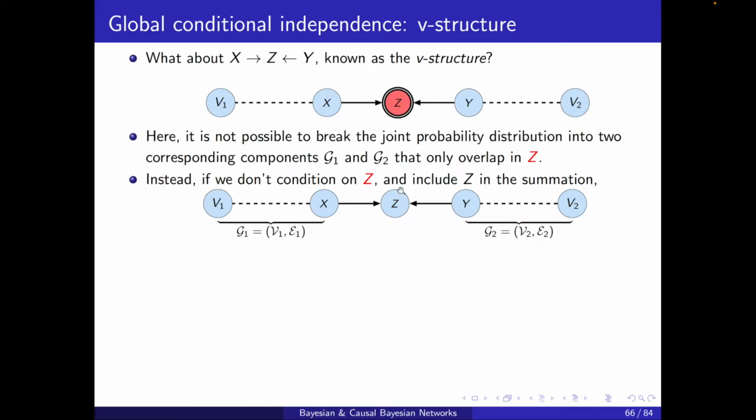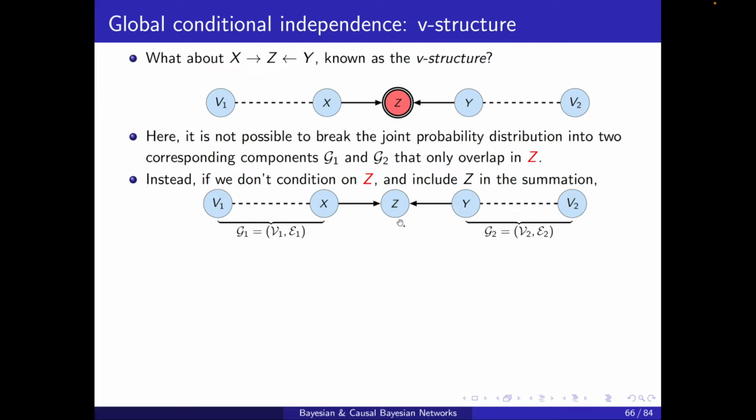Back to our intuitive way of looking at this, the node Z here is like a sink. V1 is sending information, V2 is also sending information, and I have the sink here, Z. Now if I block the sink, the information from V1 will not be drained into Z, it will get to V2 and vice versa. So in this case, they're actually dependent.